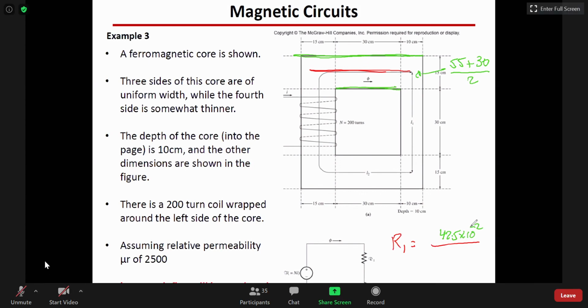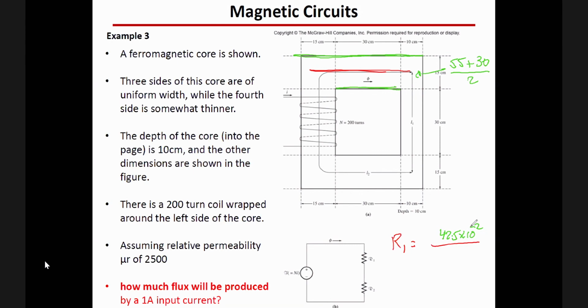So is it clear how we found this? Yes. Then you calculate mu as before. And A, how can we calculate A? Mu naught multiplied by mu r. I'm not talking about this.